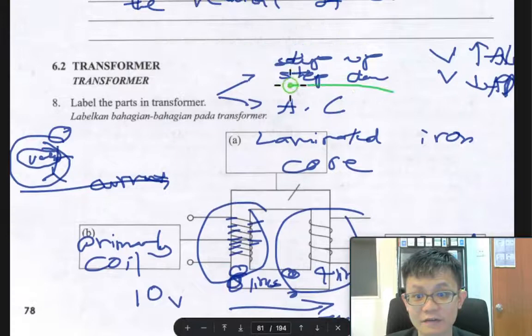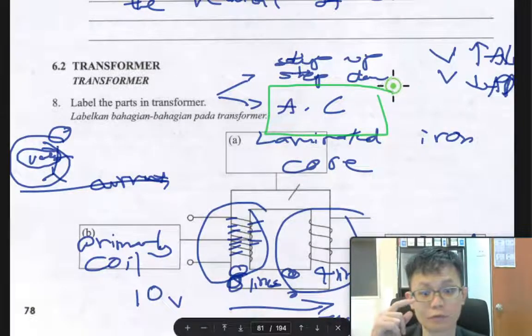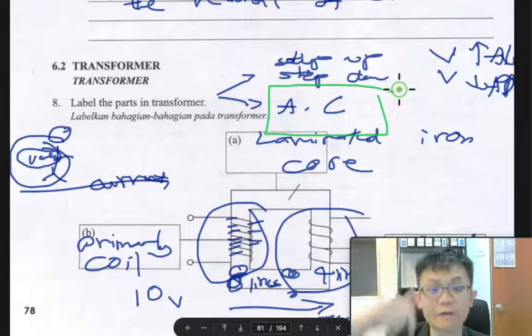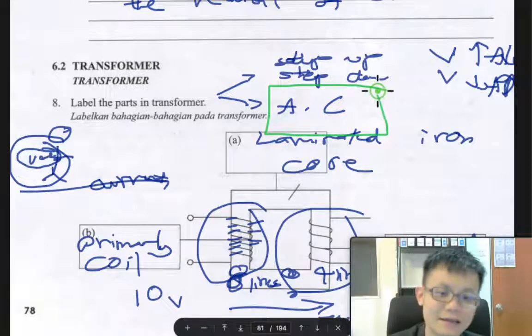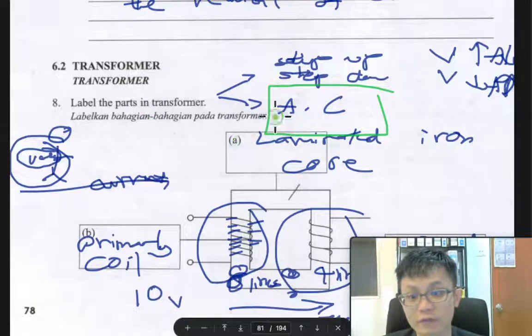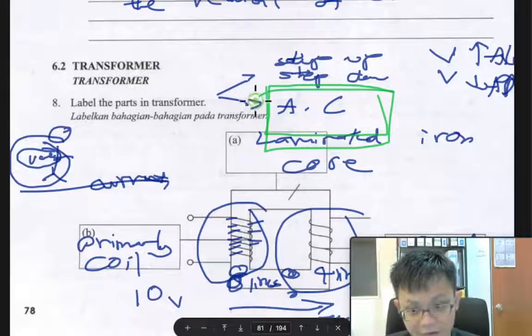What is a transformer? A transformer is to step up or step down a voltage. Another criterion needed for transformers is that it must be AC, alternating current.